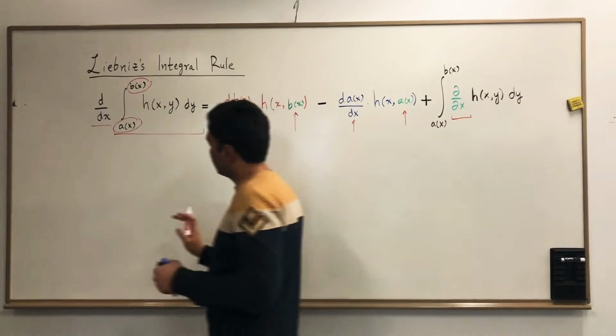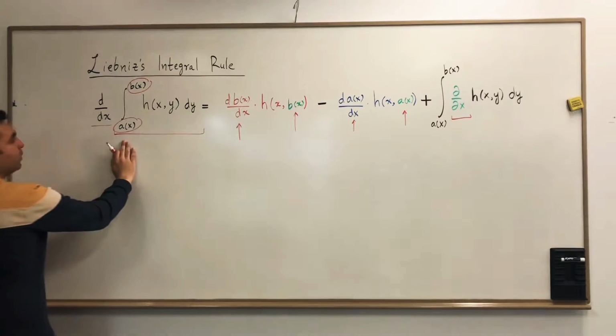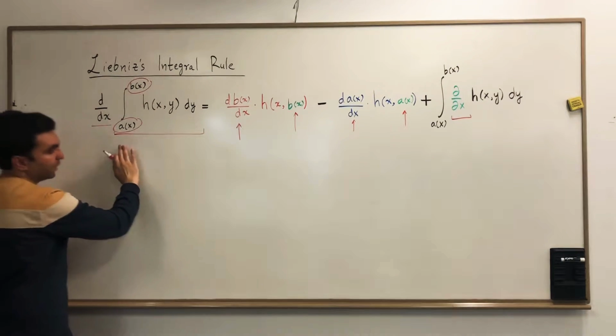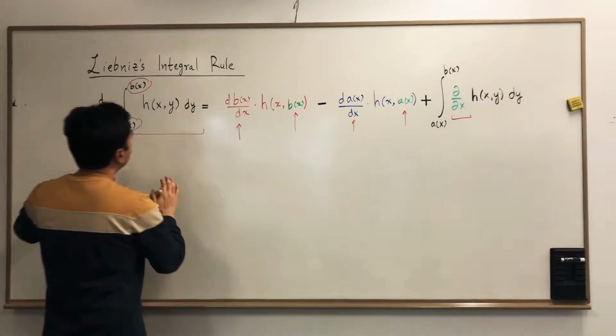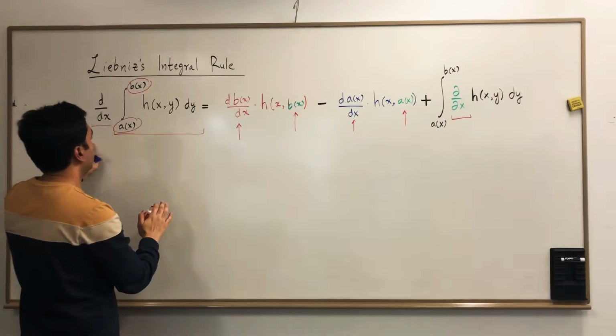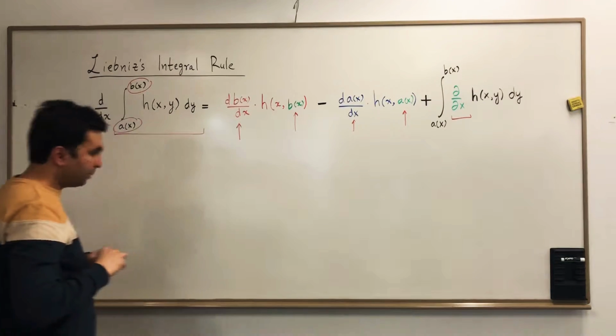So notice that if a of x and b of x were constants, their derivatives would be 0. So you could directly move the derivative inside the integration. Let me give you an example.